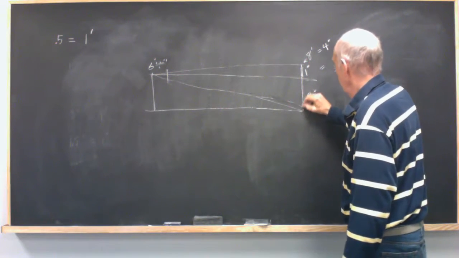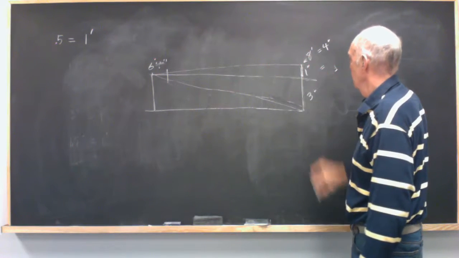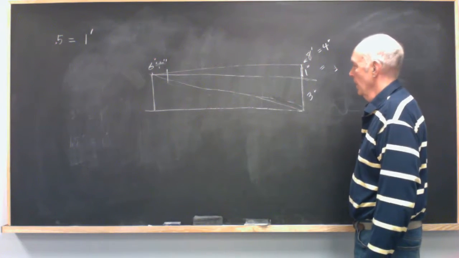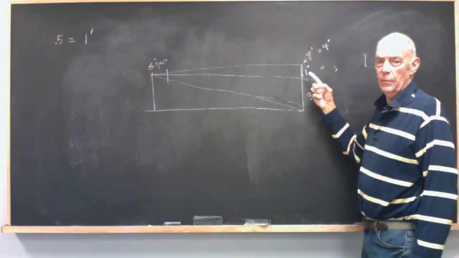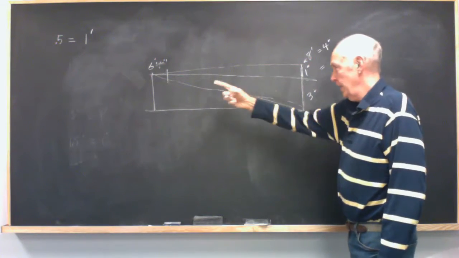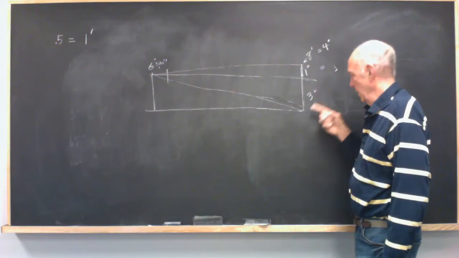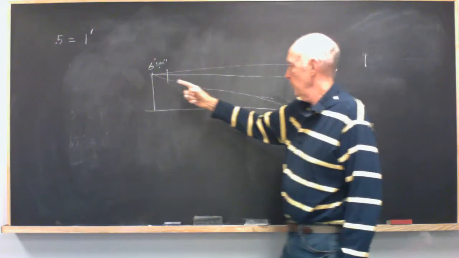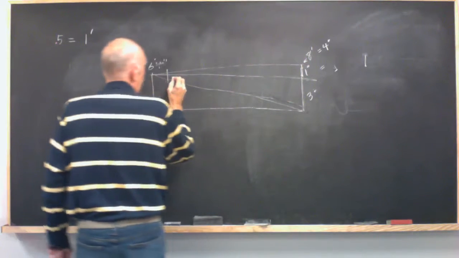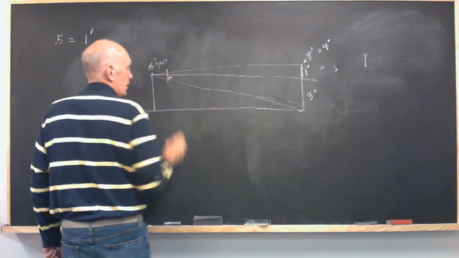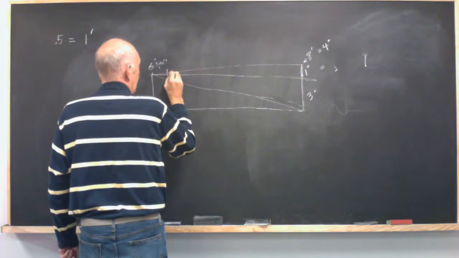So this whole thing is going to be 4 inches. How do I know it's going to be 4 inches? Well, my line of sight is parallel to the ground plane. This intersects at the bottom. This will be 3 inches here. This will be 1 inch here.